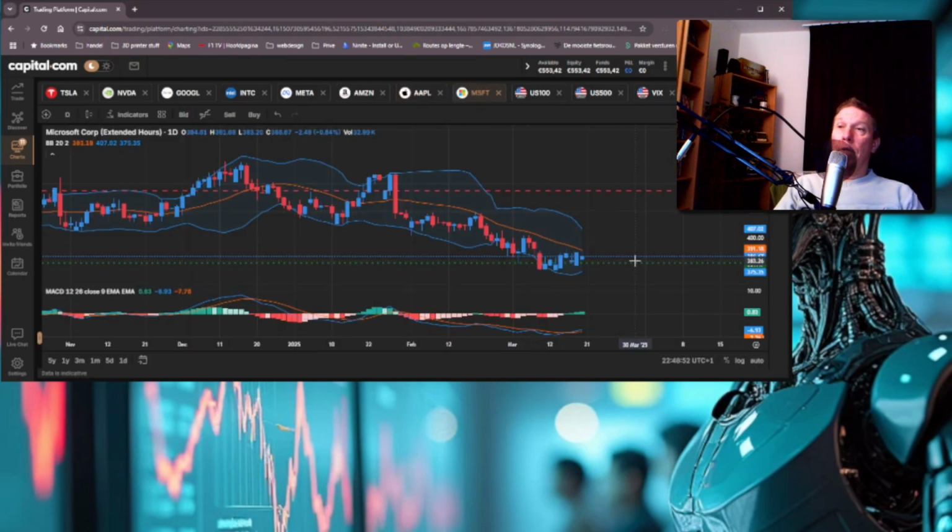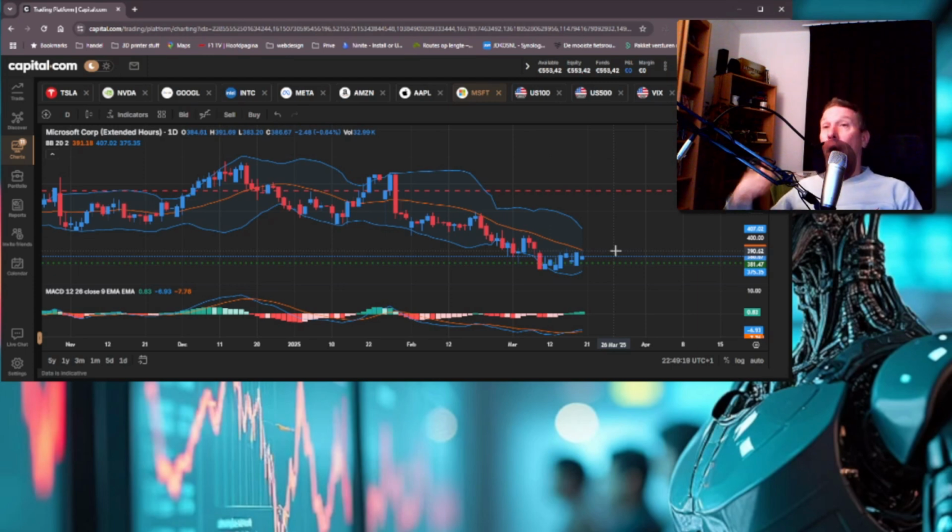And Microsoft is having a blue candle after yesterday's blue candle, and is also stuck on the support line. Which means, if I remember well, that most of the Magnificent Seven had a red candle except for Microsoft. And the market is still moving sideways.